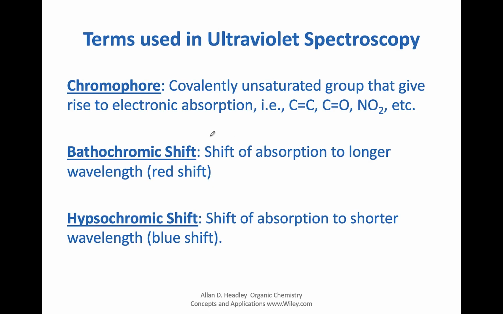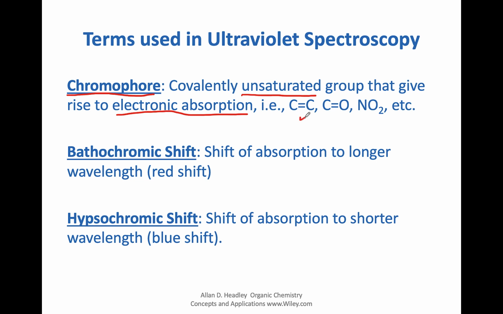Some terms that are used here: chromophore, that's the unsaturated region in a molecule that gives rise to electronic absorption or electronic transition, or a signal in the UV-vis spectrometer.